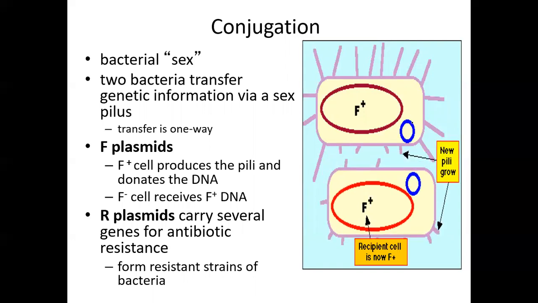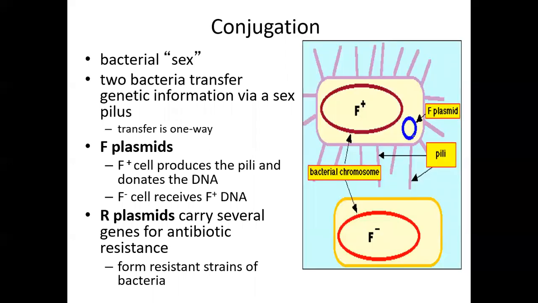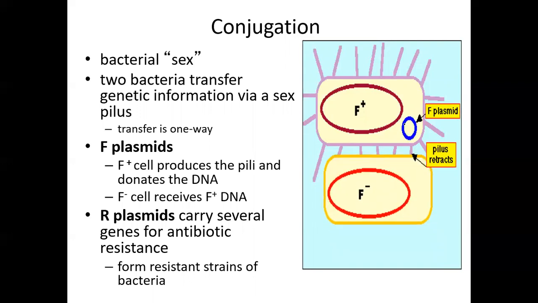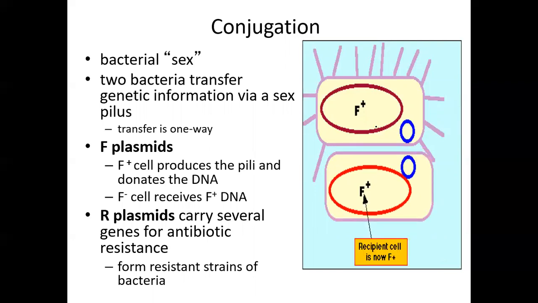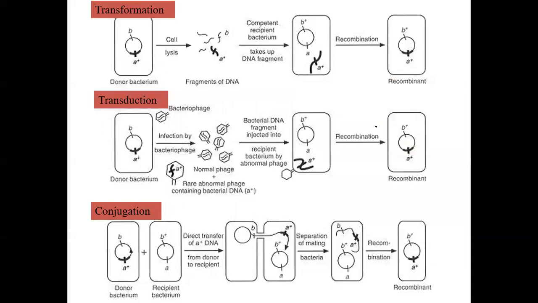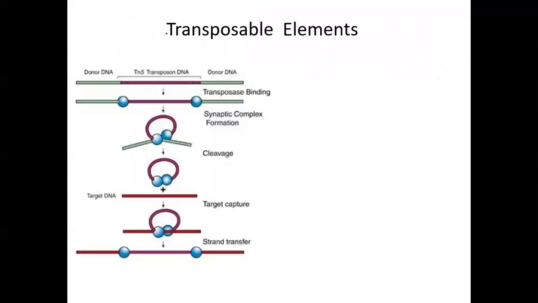Well, why does this matter? Well, maybe this plasmid has the gene that makes it resistant to an antibiotic, and it can share that resistance DNA with a nearby bacteria cell. So what normally did not have the plasmid can receive the plasmid from nearby bacteria. So those are the three main key players on how bacteria can actually change their genetic information.